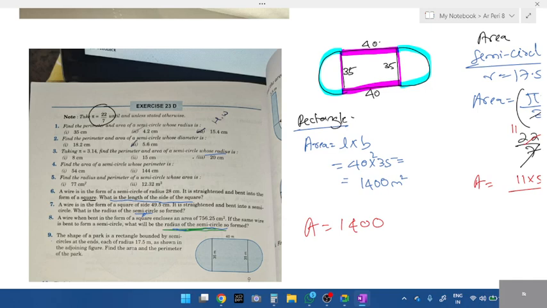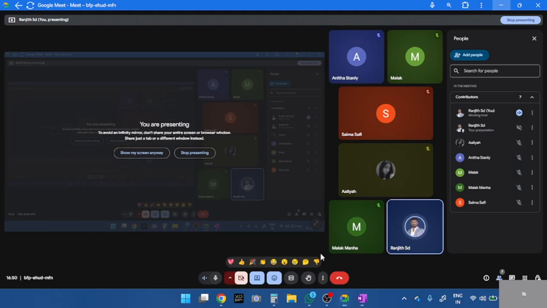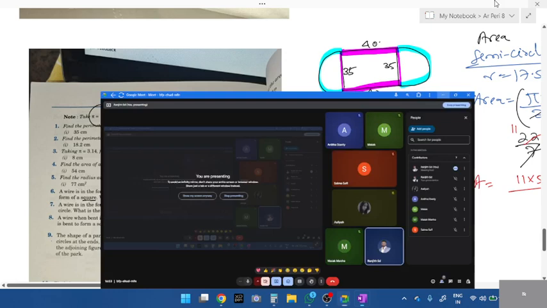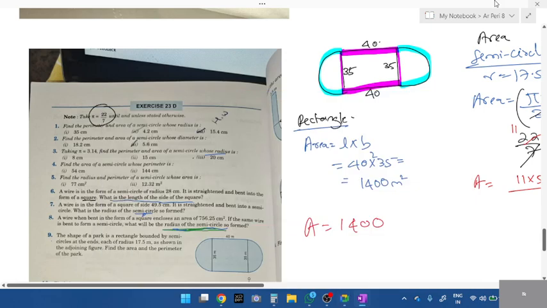Why no response? Why are you silent? Am I audible to all? Nobody has a textbook with you all? Check the ninth question. What is area given? Ninth question, area and perimeter.